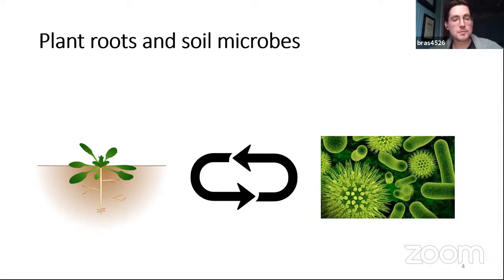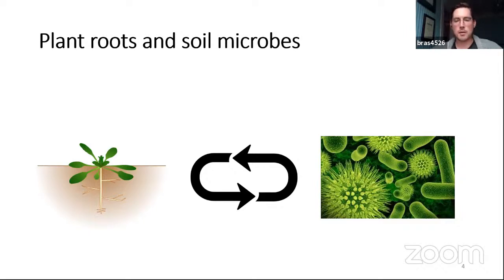And we know that plants have an ability to regulate or influence what microbes live in, on, and near their roots. And we also know that microbes have consequences for plant fitness. Some microbes are beneficial, some are harmful, some are quite neutral. There really is a whole range of ecological interactions between these plant roots and these microbes.